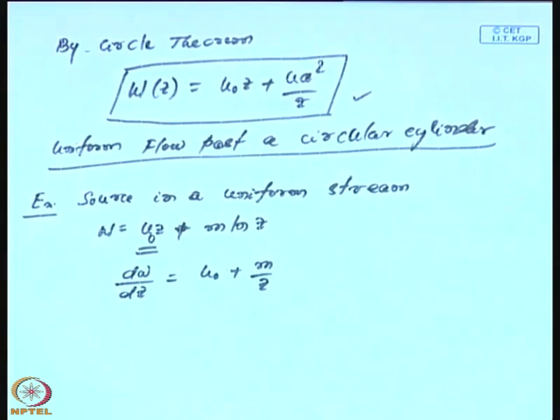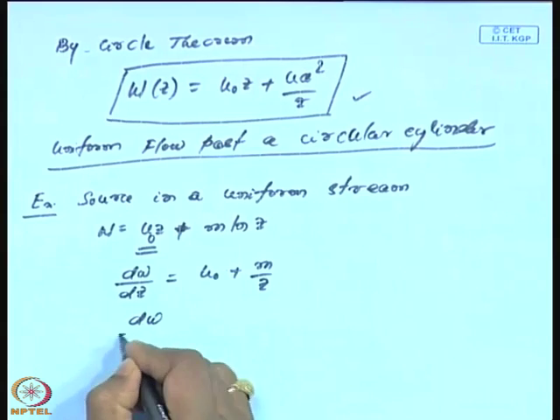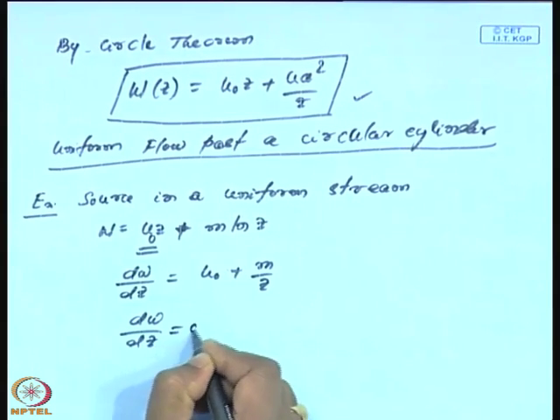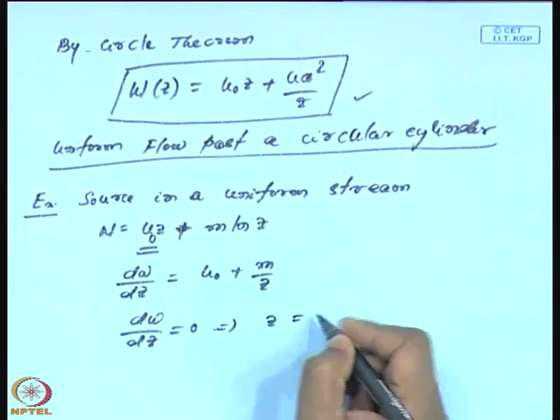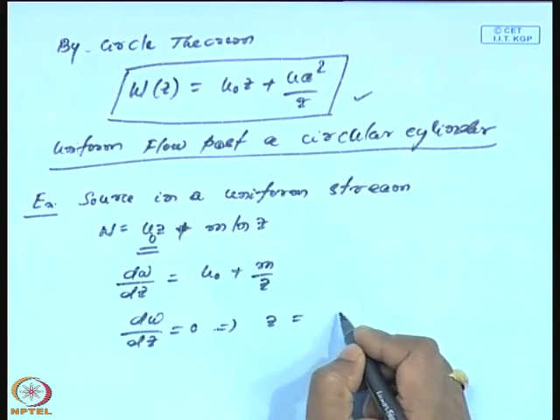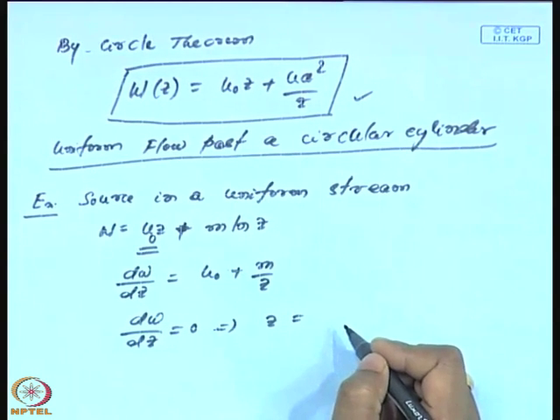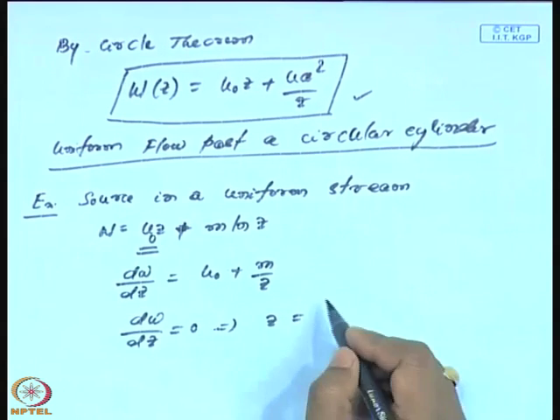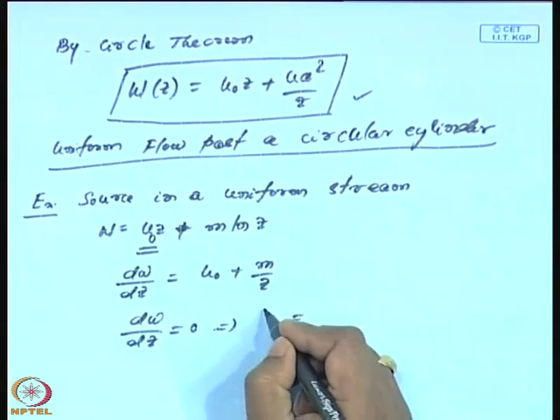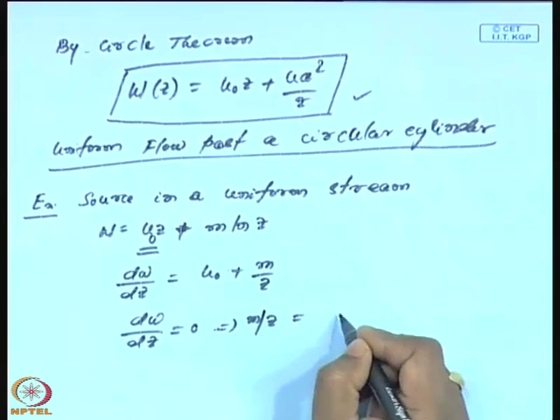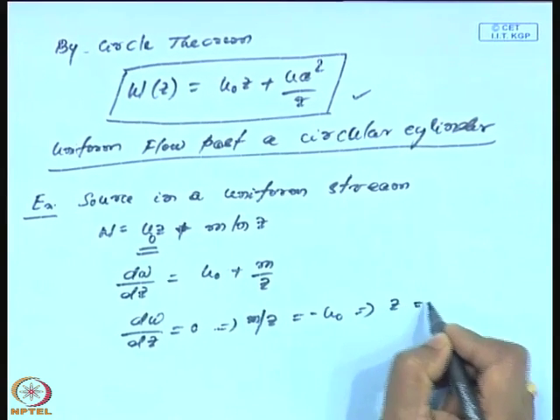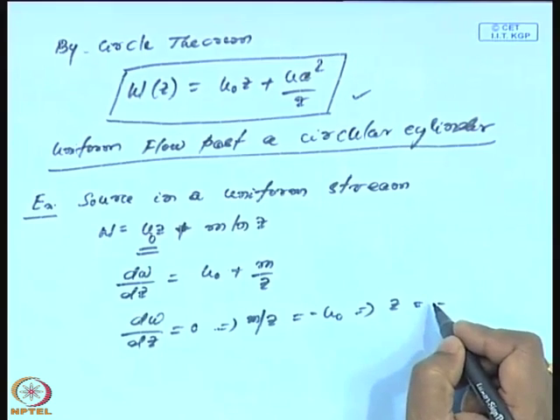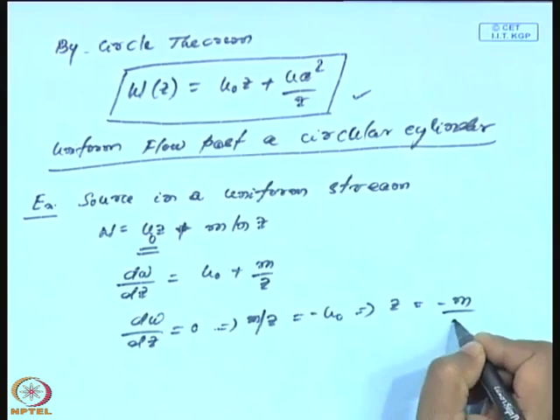So, if dW by dz is 0, which gives m by z equal to minus u naught, which implies z will be minus m by u naught.